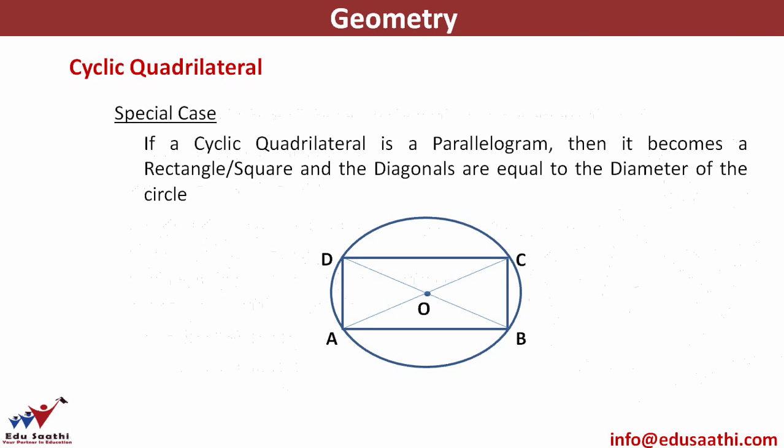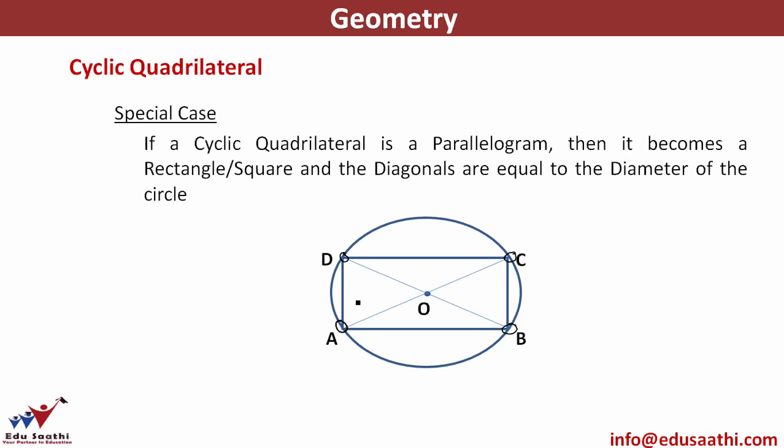The special case inside a cyclic quadrilateral is if a cyclic quadrilateral is a parallelogram. A parallelogram inside a circle will always be a case of a rectangle or square, because otherwise if it's a parallelogram, all the 4 vertices would not be on the circumference of a circle.